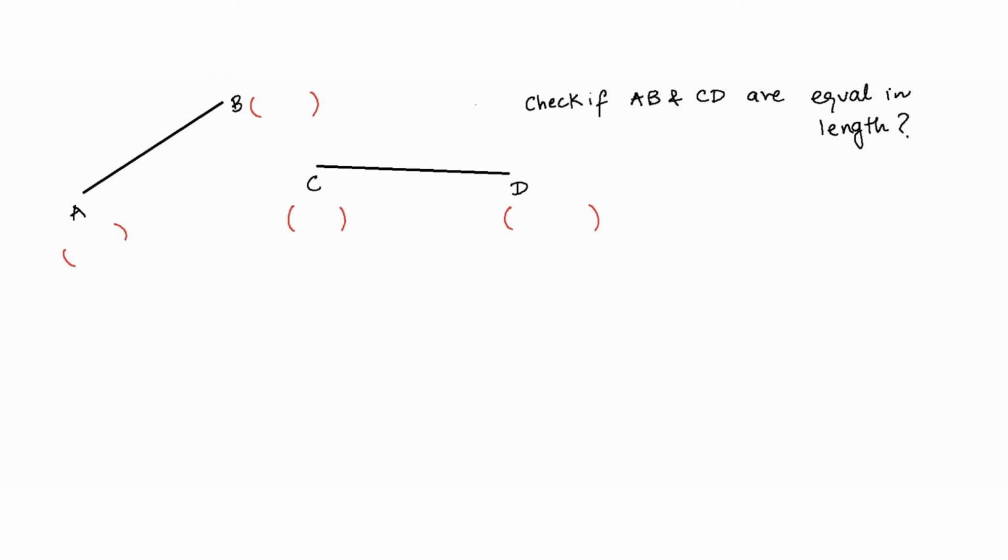So the way I can check whether AB and CD are equal in length or not is I can first find the distance between the points A and B. So first find the distance between the points A, B, and that is going to be equal to the length of the line segment AB. Similarly, I can find the distance between C and D, and that is going to be the length of the line segment CD. Now, once I find the lengths of these line segments, I can definitely find whether they are equal in length or not.